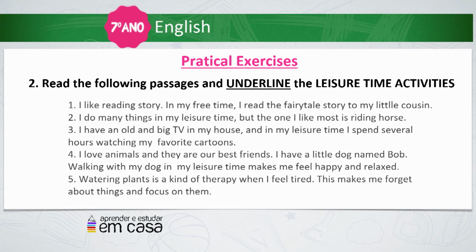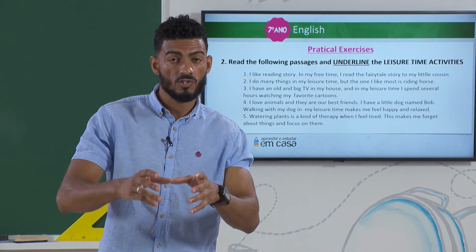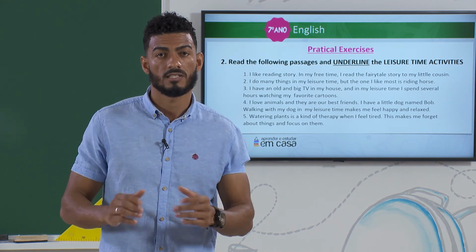I have a little dog named Bob. Walking with my dog in my leisure time makes me feel happy and relaxed. Number five, watering plants is a kind of therapy when I feel tired. This makes me forget about things and focus on them. So, do it alone, and I will give you some time to read. I will be right back.